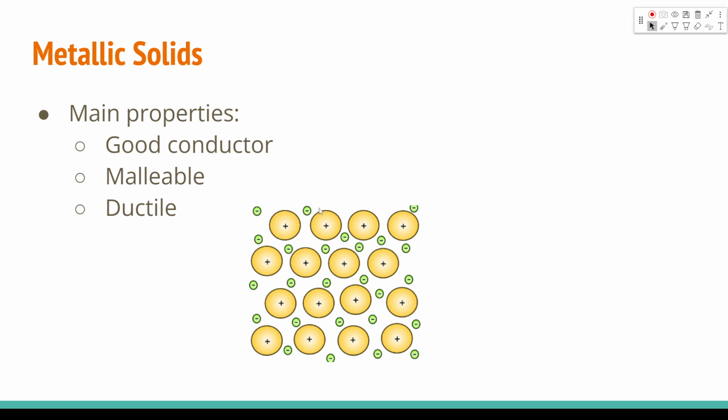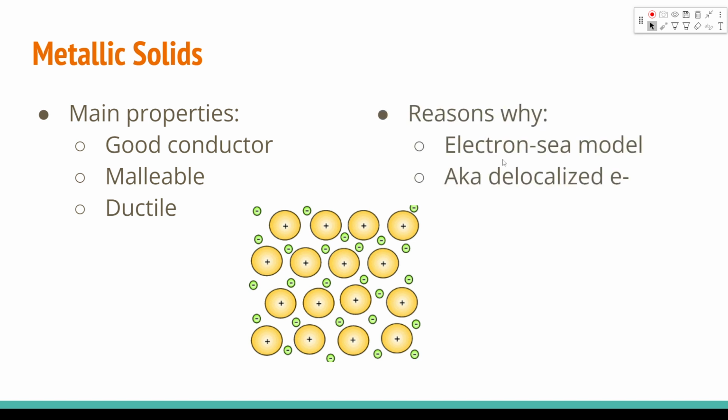Then it's a good conductor because electrons can flow freely. That's how our wires work. We have the electron sea model, aka the electrons are just moving around, aka they're delocalized because they're not in any particular atom. They're just flowing.